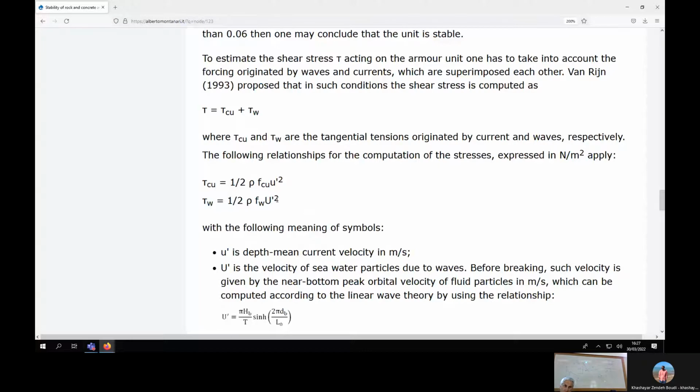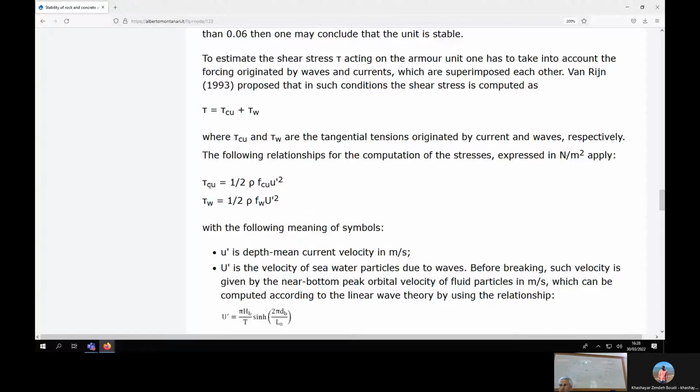U prime is the velocity of the fluid particles, which is given by the orbital velocity before breaking, and is given by an empirical relationship after breaking, which distinguishes between run-up and run-down. So everything is basically empirical here with some physical fundamentals. And the factor 1/2 is something that you may remember if you remember something from fluid mechanics, but let's not go into the details.